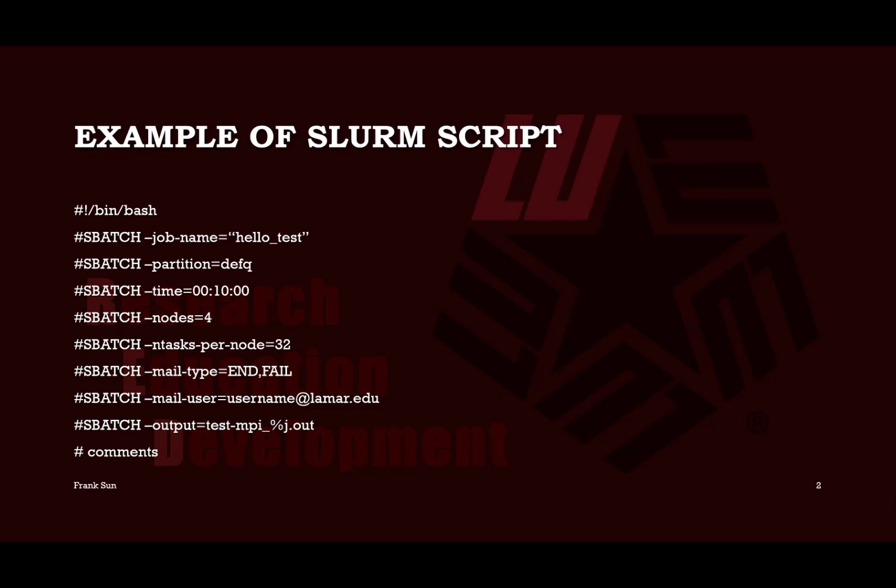Mail user is basically your own email address, so the system can send you an email when the events happen. The output defines the output file name, such as your job name, underscore, and then %j, that means the job ID, and then .out, that means output file.